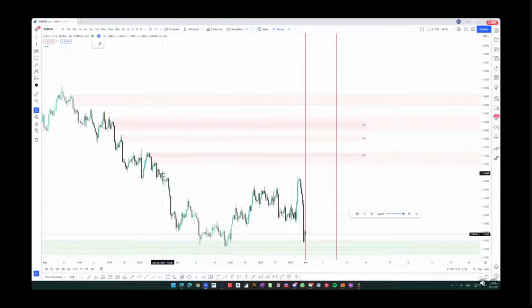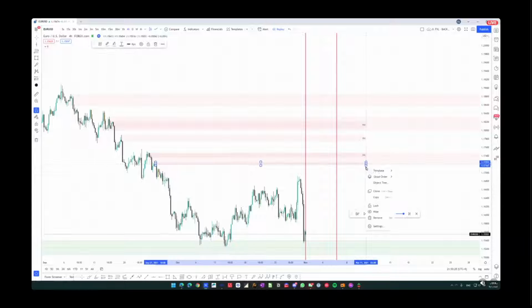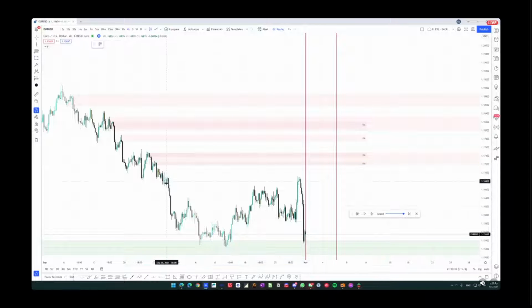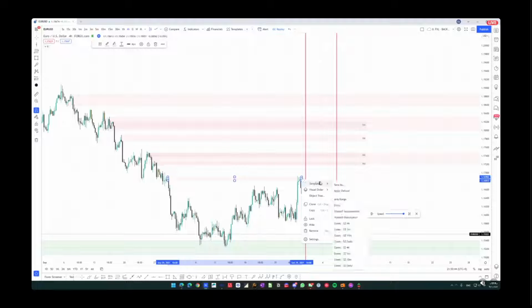So this one really was the push down, and this one was already mitigated. Actually overshot it.